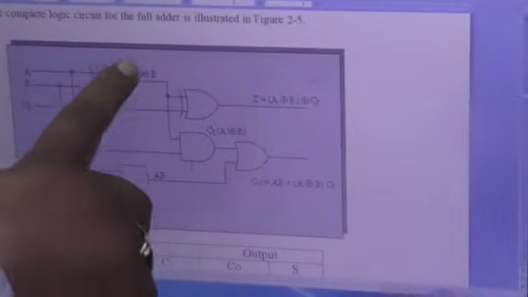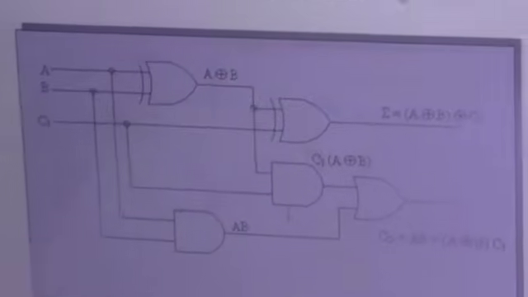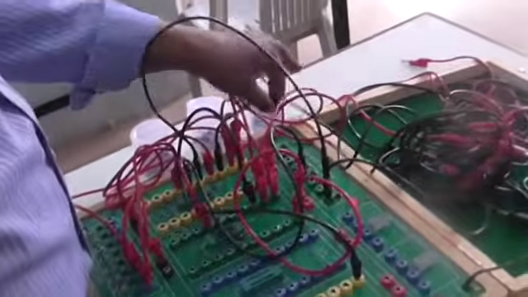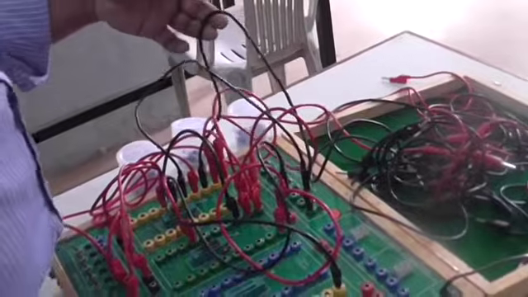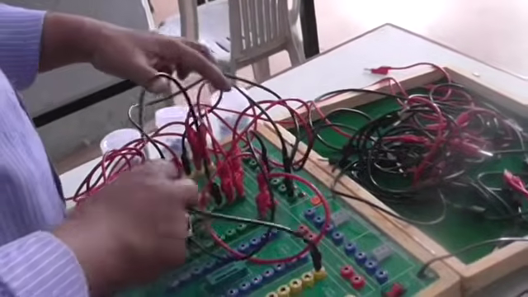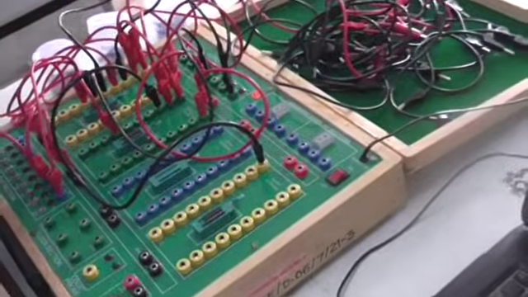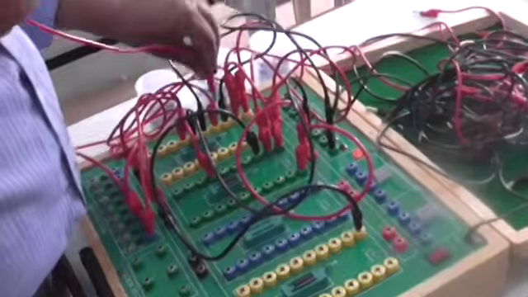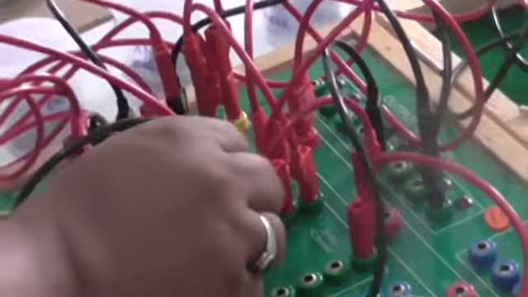Now second, this output, A XOR B, the first XOR gate output, is also connected to the AND gate. The first output generated is also connected to one of the inputs of the AND gate. Clear? Now here the second AND gate output, pin number 3, is connected to one of the inputs of the second AND gate.